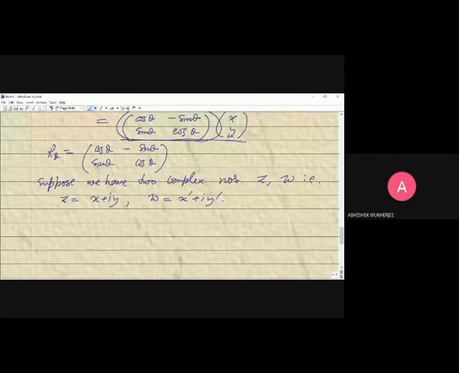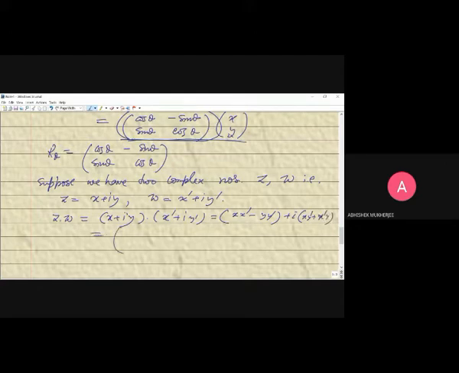How does one have this? Just multiply z dot w. It is (x plus iy) dot (x dashed plus iy dashed), and if you look at the multiplication, you will see that it is (x x dashed minus y y dashed) plus i (x y dashed plus x dashed y).